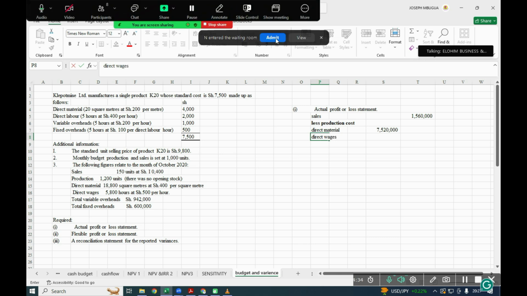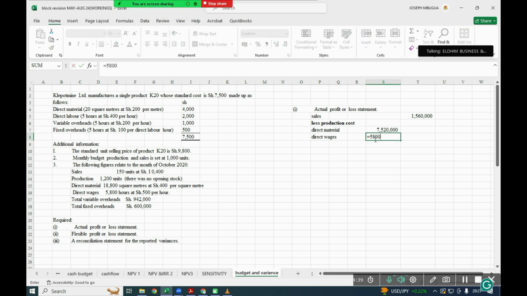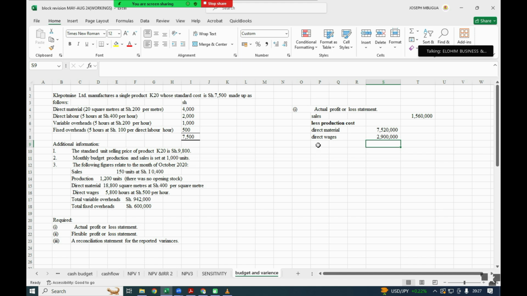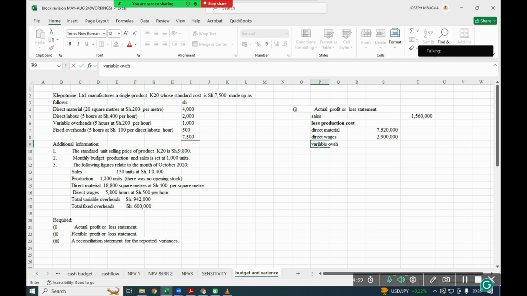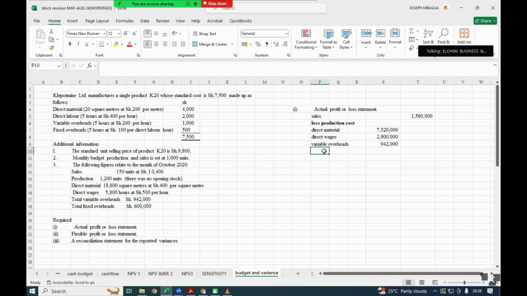And our direct wages, in our case, was 5,800 hours at 500 per hour. And the next one was total variable overhead, which was 942,000, and the total fixed cost.